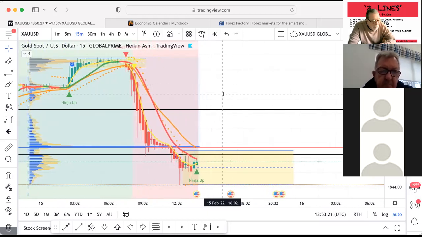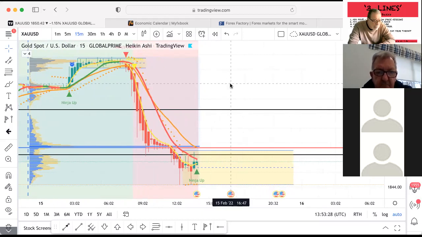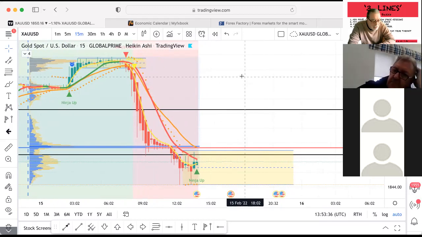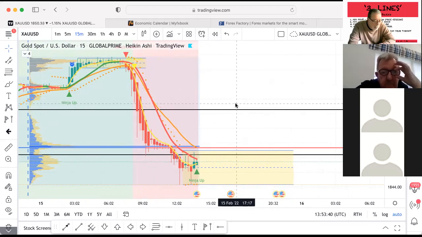When I looked at it, he'd done everything right. Everything was lining up correctly. So I looked at it. He sent me a screen grab of his chart.